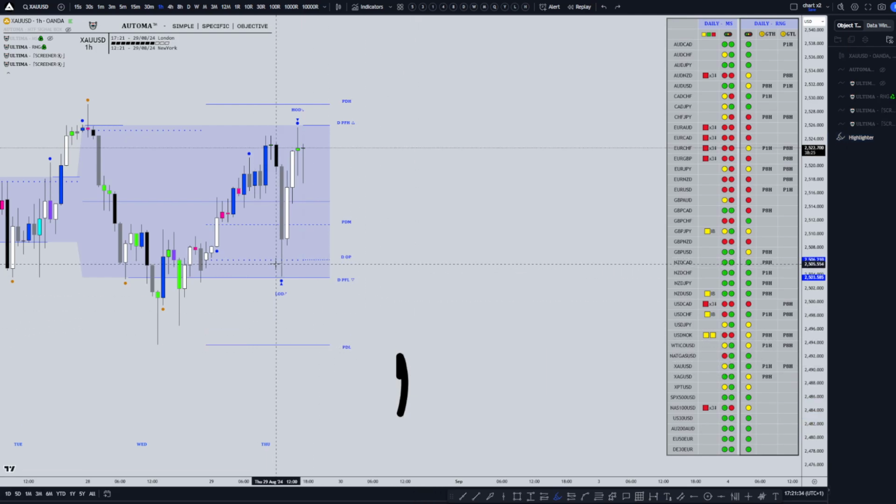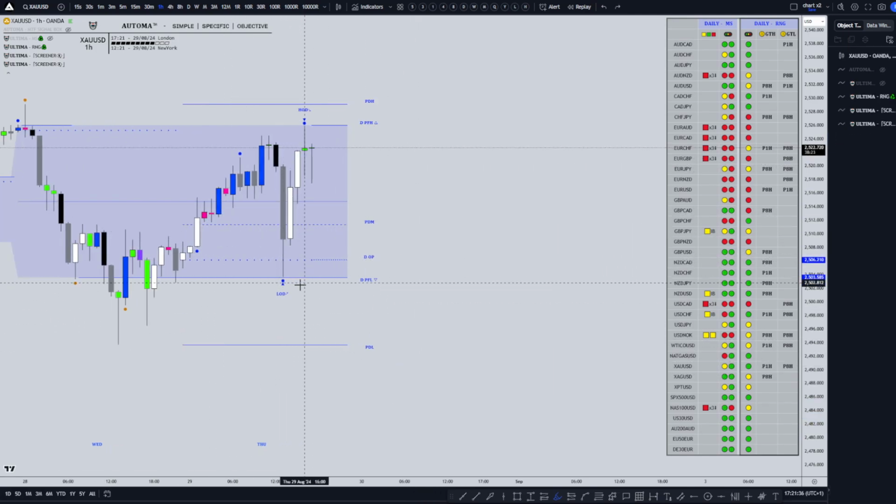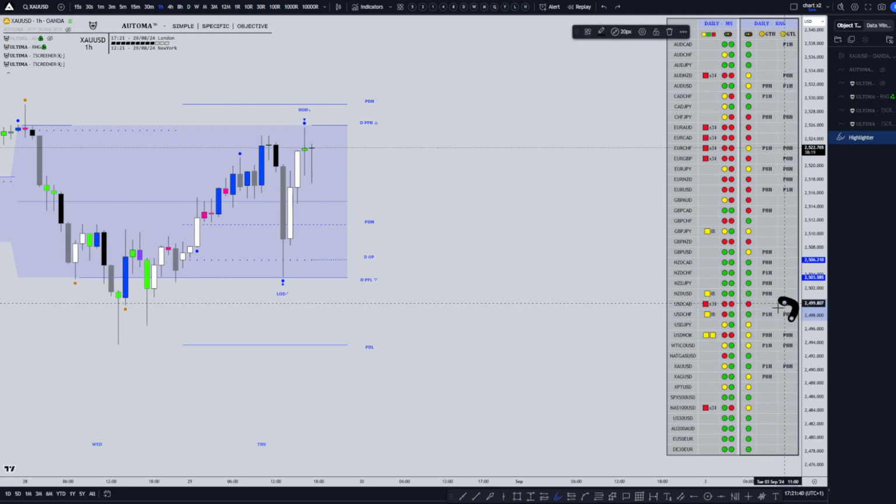So we have a notification, or we see, okay, the previous hour established a golden template, right? We sweep below, close back inside, pin below, close inside.